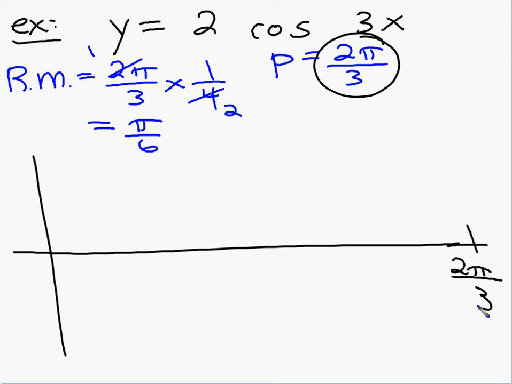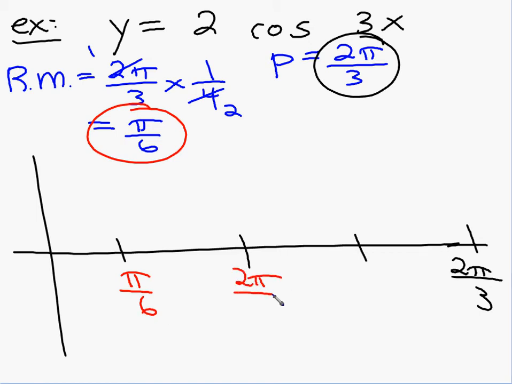And then I break it up into my quadrants. We'll just sketch one period of this for now. And I start counting up by my road markers. My road markers are pi sixths. So 1 pi sixth, 2 pi sixths, 3 pi sixths, 4 pi sixths is the same thing as 2 pi thirds.